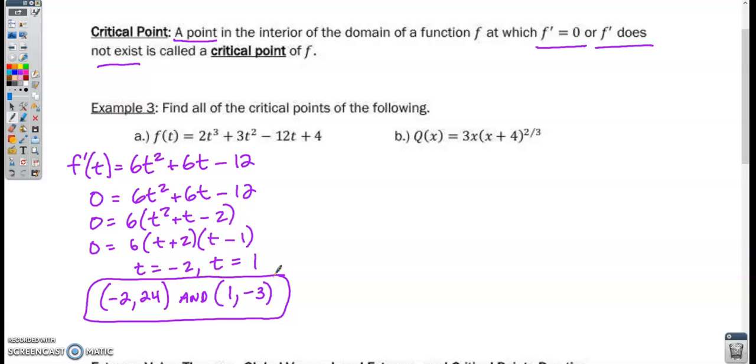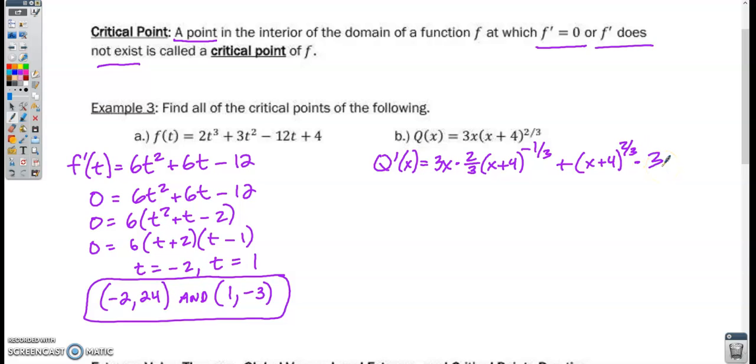All right, now we'll do the same thing for q. We're going to start by taking the derivative, q prime of x. And I'm going to go ahead and use the product rule here. So I've got 3x times the derivative of the quantity x plus 4 to the 2/3, which is 2/3 times the quantity x plus 4 to the -1/3, plus x plus 4 to the 2/3 times the derivative of 3x, which is 3.